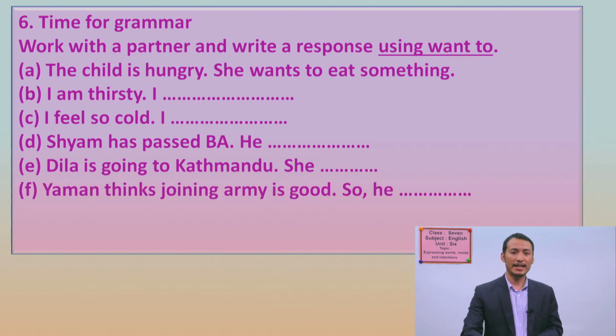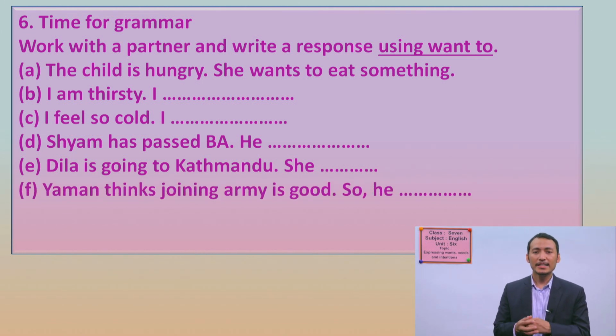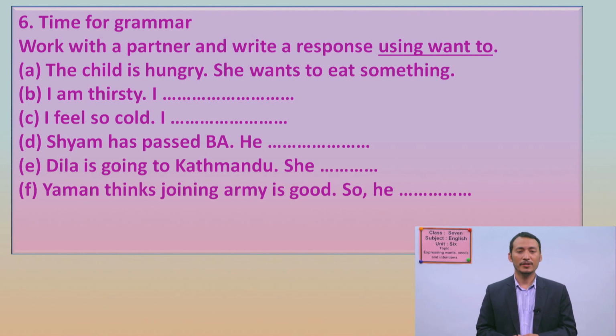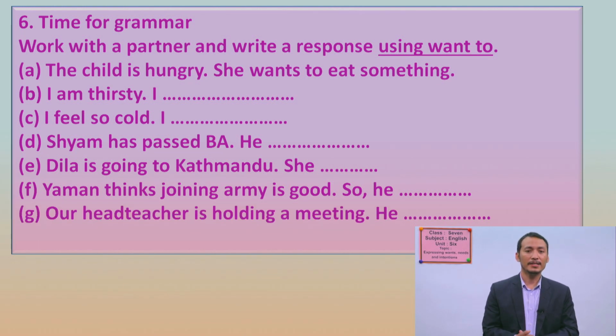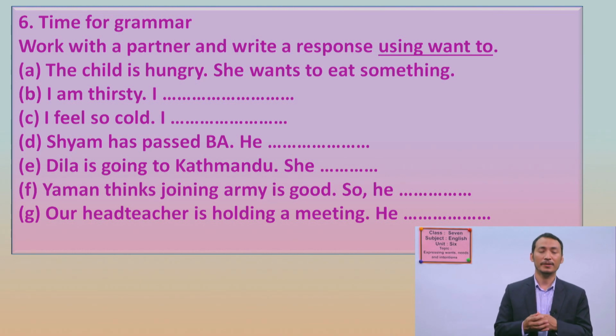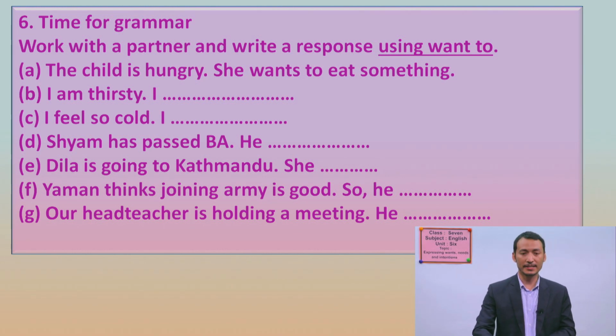Okay, we will complete that later. Yaman thinks joining the army is good. So what is his want, wish, intention or plan? Our head teacher is holding a meeting. So what is the purpose or intention of the head teacher? You have to complete this.